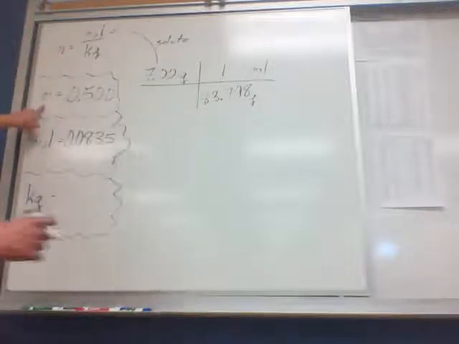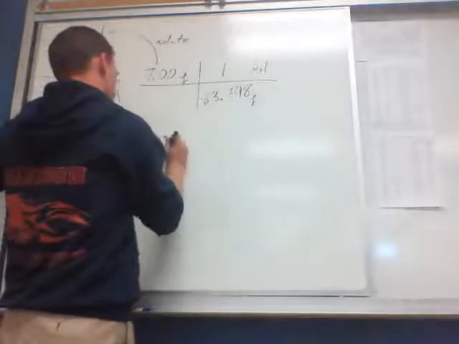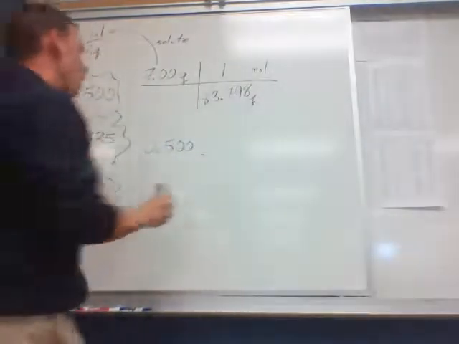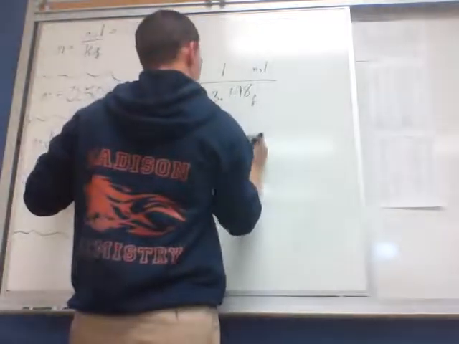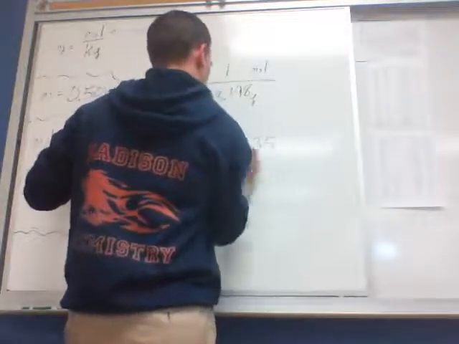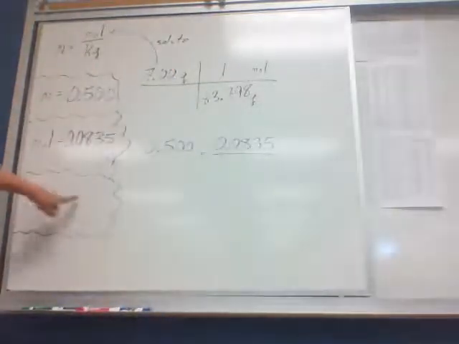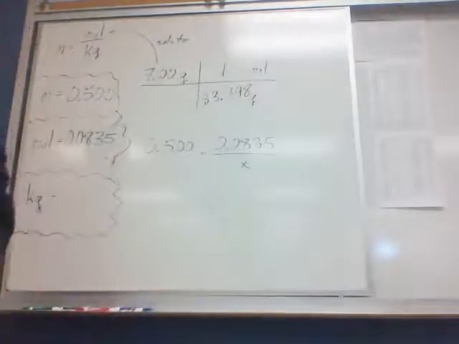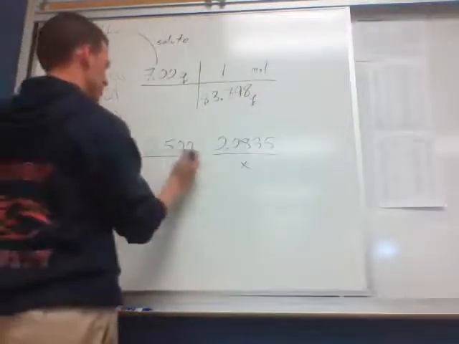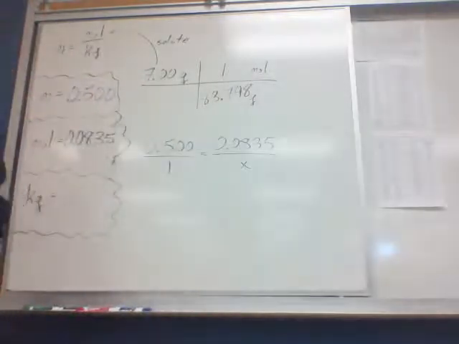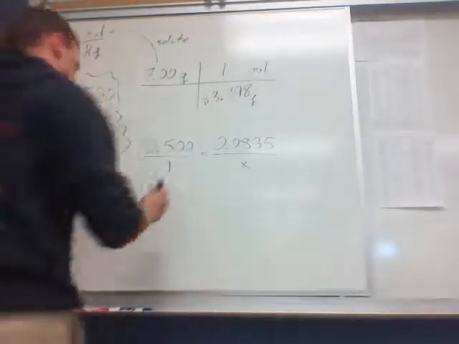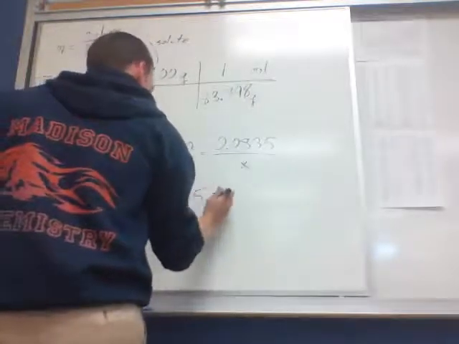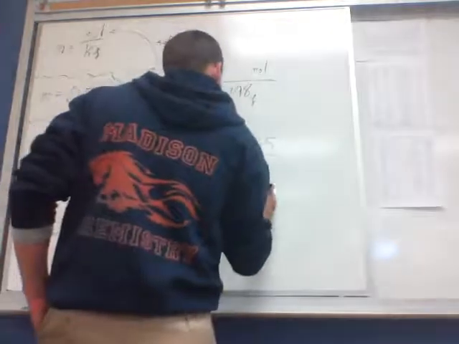My molality is 0.5. My moles is 0.0835. My kilograms, the mass of the solvent, we're going to find that. We're all out of numbers, so we can find that number. And we'll cross multiply to solve. I'm going to get 0.5x over here.